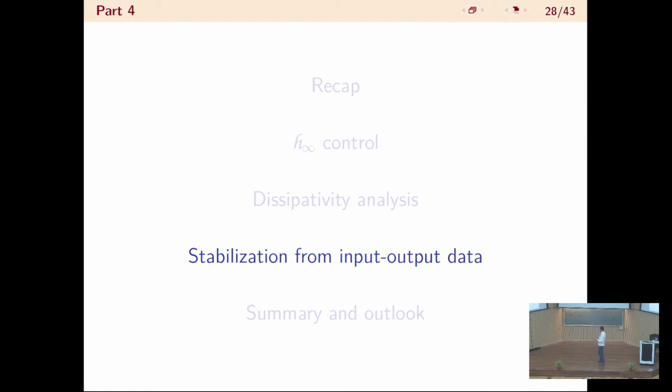Well, I go to the classroom and I start writing things like: okay, let's look at the system x dot is equal to Ax plus Bu, y is equal to Cx, where u is input, x is state, y is output.